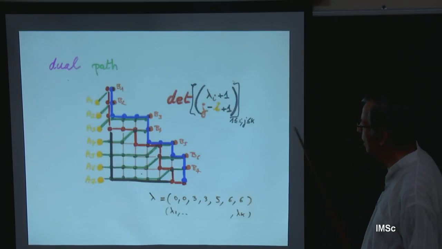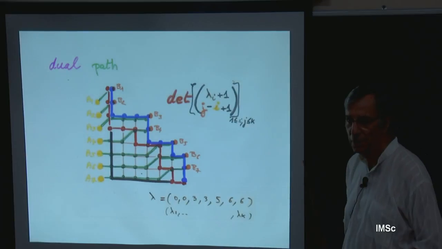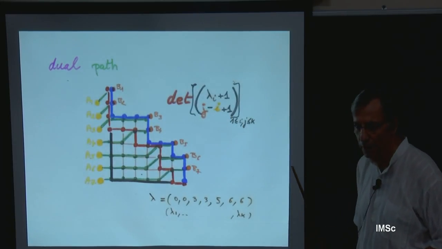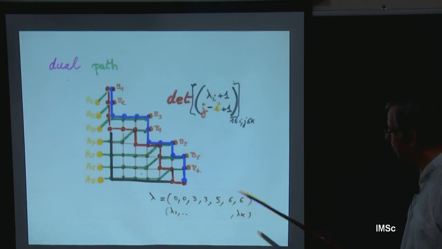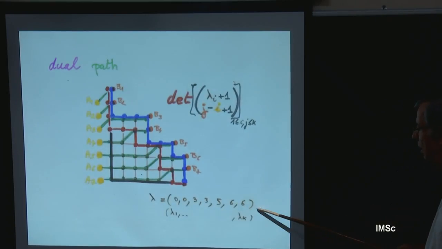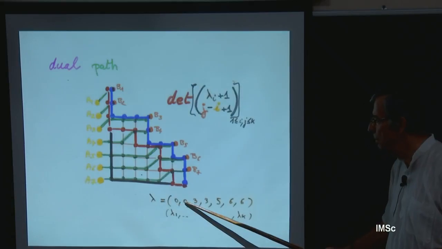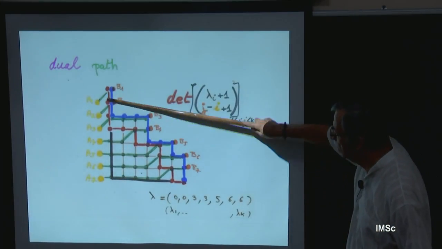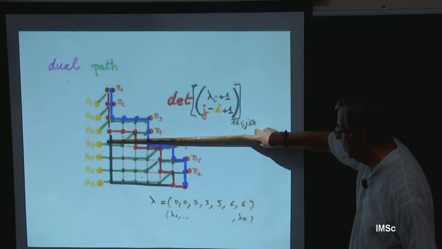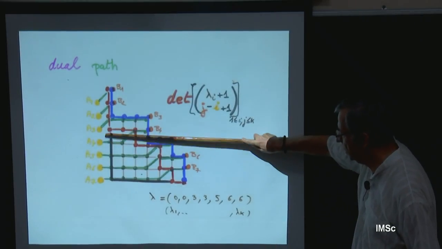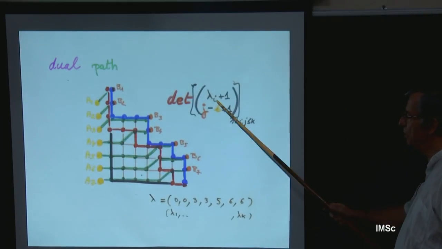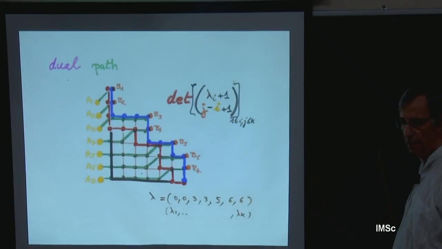And then there is a nice formula, which is this. It's a determinant of some binomial coefficients, which depends on lambda, here is the example of a lambda. It's a partition with maybe some 0. So you see the partition lambda is 0, 0, then there is 3, 5, 5. It's the number of cells in each of these rows. So I have a partition for the blue path, and to this partition I associate this determinant.